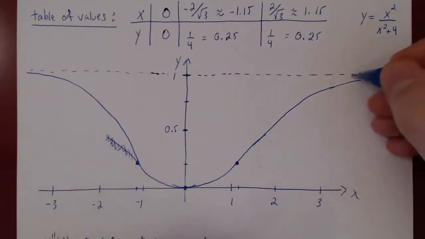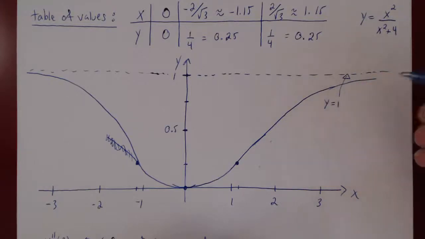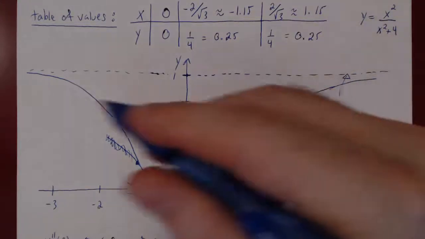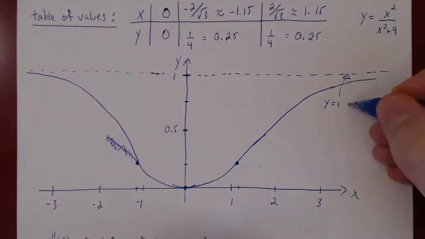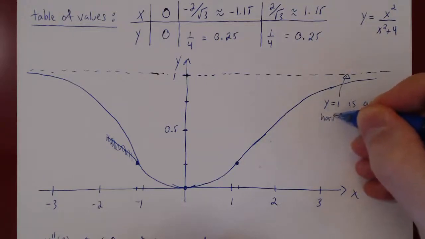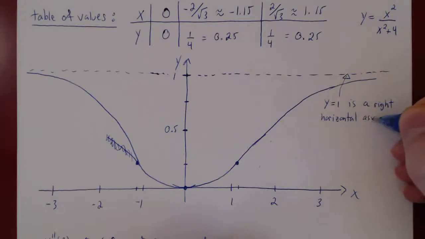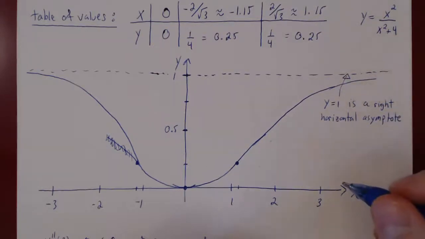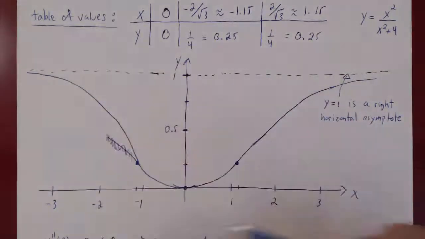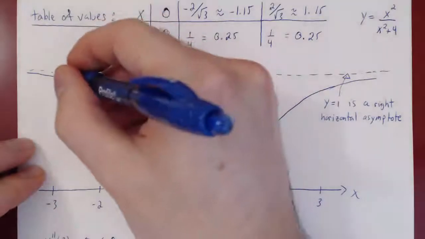As we have just said, y equals 1 is a right horizontal asymptote and a left horizontal asymptote. So the same goes for this part. Y equals 1 is also a left horizontal asymptote.